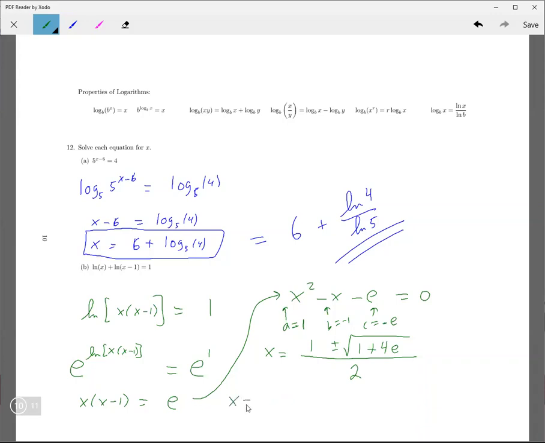Okay, so I have 1 plus the square root of 1 plus 4e all over 2. And I also have 1 minus the square root of 1 plus 4e all over 2. When you do this step going from here to here, this could have additional solutions that this one doesn't have.